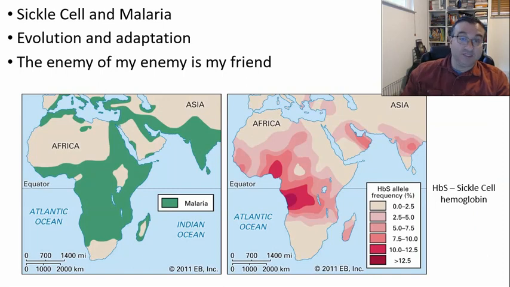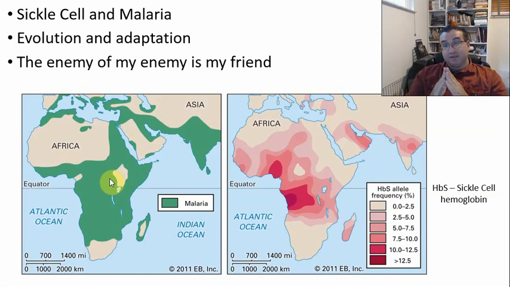This map shows us where malaria is commonly found in the world. Many parts of Africa and also parts of Western Asia. The places where the genetic component of sickle cell is found also overlaps with those same areas.